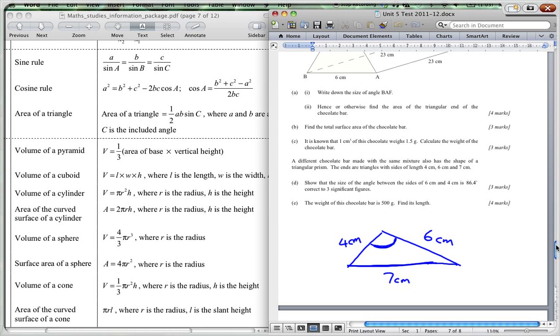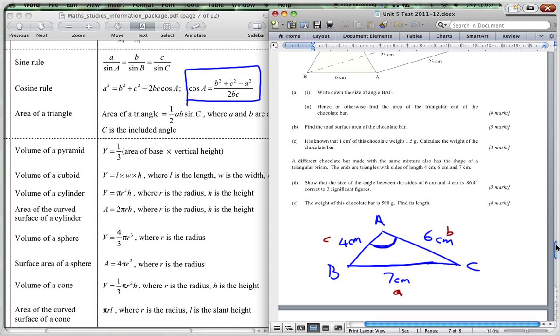Now whenever we are given 3 sides of a triangle, we should think of our cosine rule, this formula over here. I'm going to label this A, B, and C, and therefore the sides, this will be B, A, and C, and I'm going to put it into that formula.